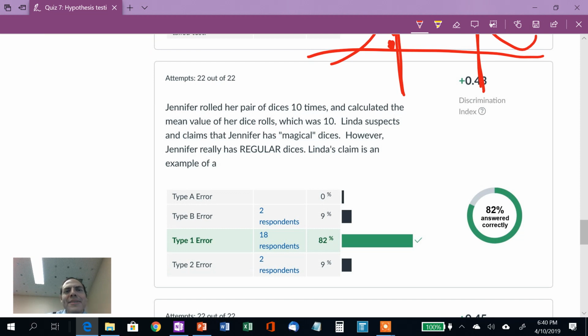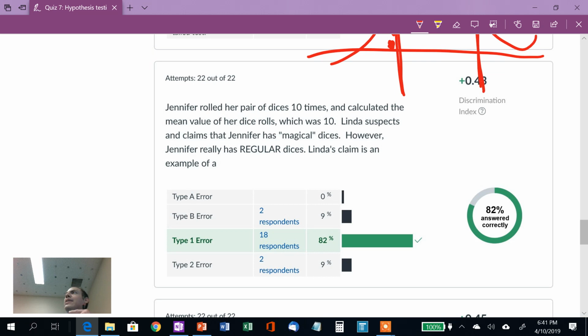Okay, this is funny. Jennifer rolled her pair of dice 10 times and calculated the mean value of her dice's rolls, which was 10. Linda suspects that and claims that Jennifer has magical dice. However, Jennifer really has regular dice. Linda's claim is an example of type 1 error.